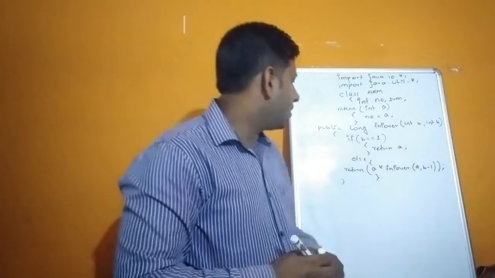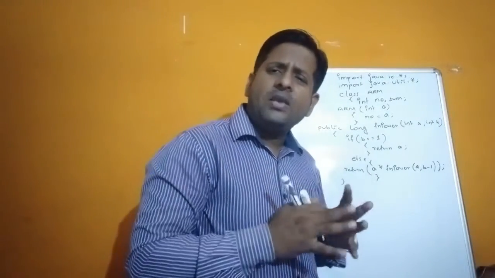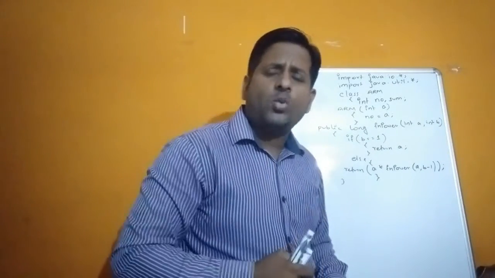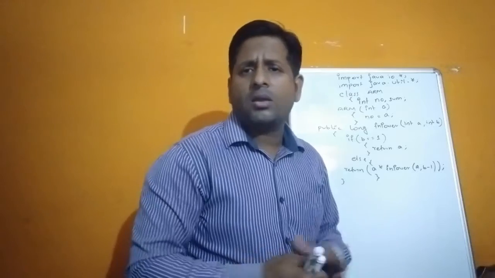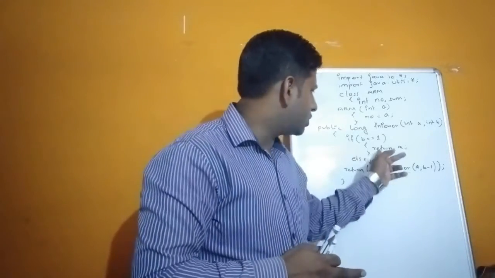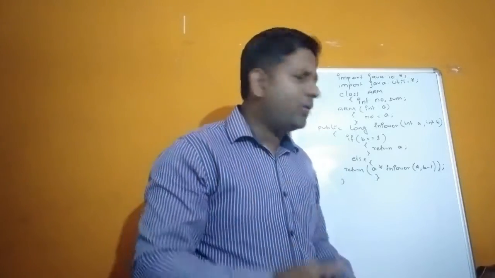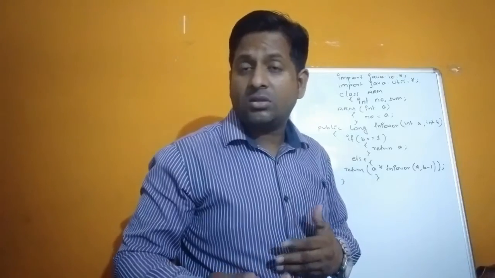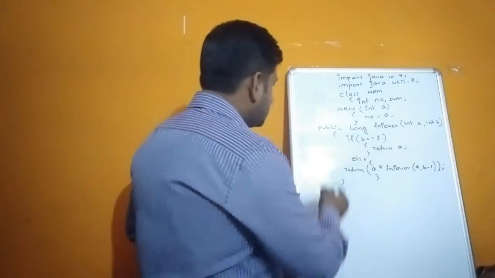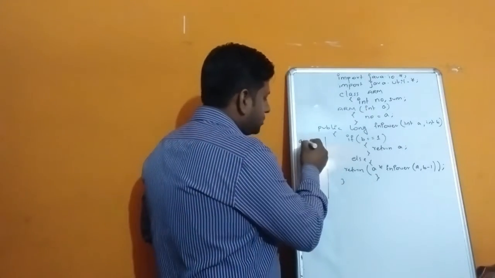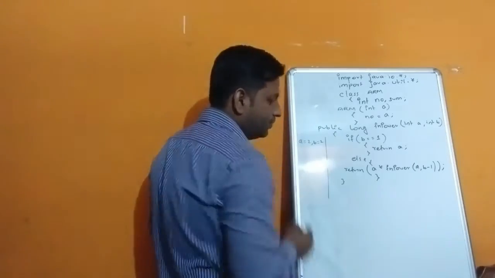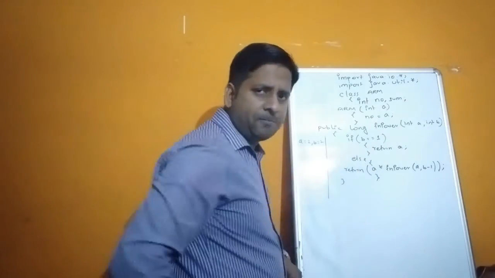So here, if b is equal to 1, that means if power value is 1, then the number remains the same, unchanged. So return a to stop that. And suppose if the value of a is 2 and b is 2, so 2 to the power 2, that means 4. See the logic. If a is 2, b is 2, so it will come in the else part here.